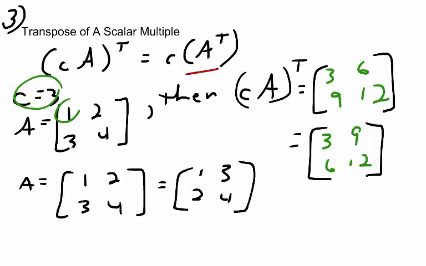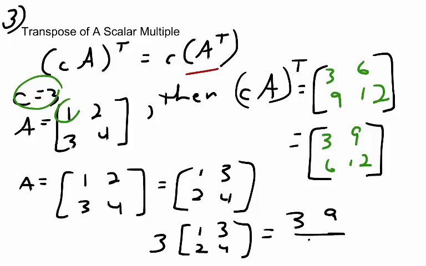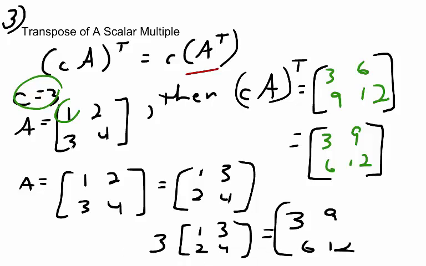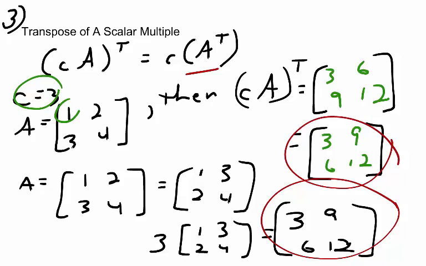Now if we take our scalar multiple, we'll have 3 times our matrix, 1, 3, 2, 4, which gives 3, 9, 6, and 12. Which is identical to our previous result. So this property holds.